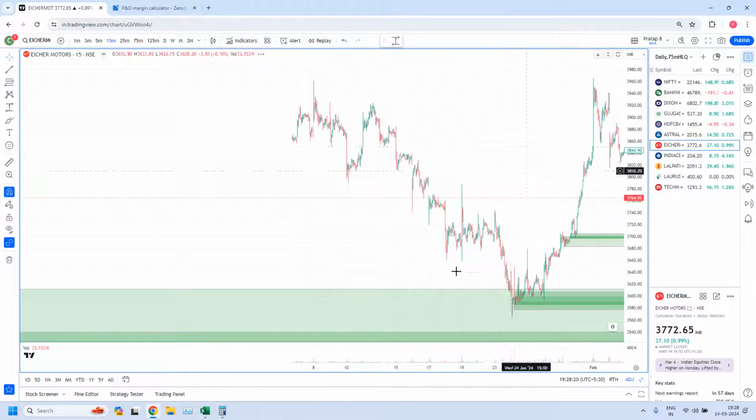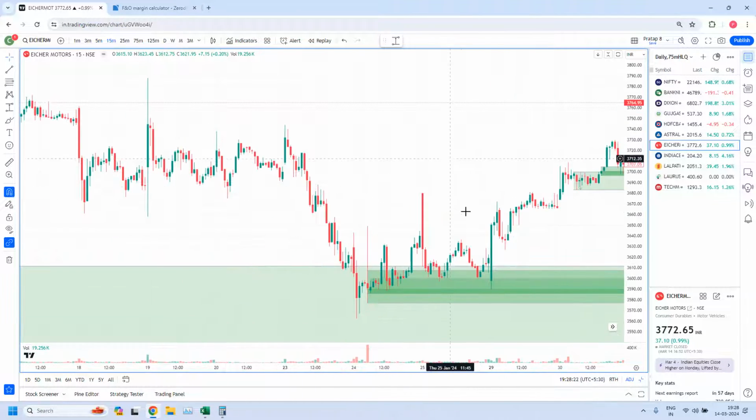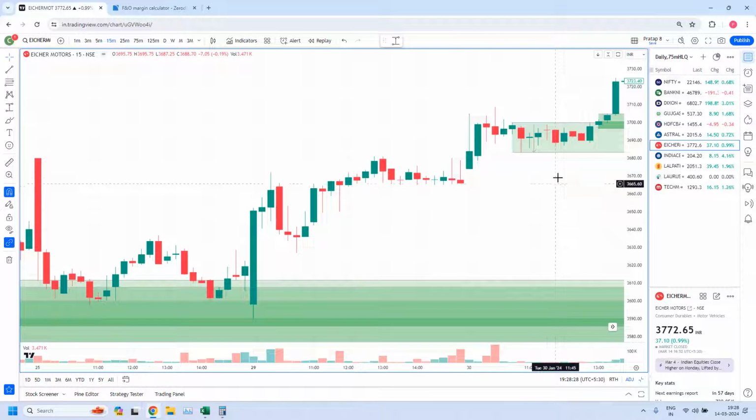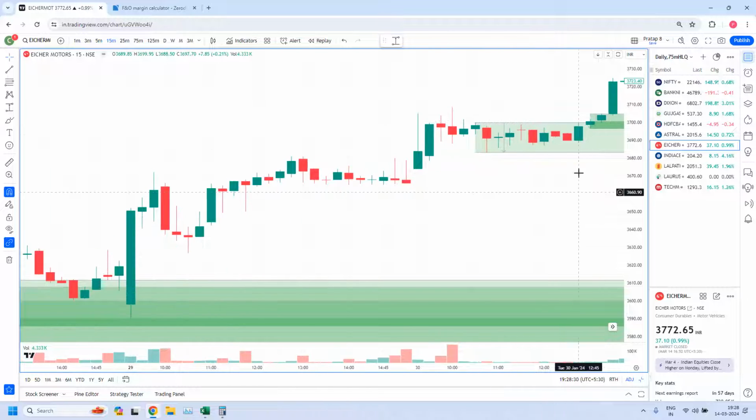In the 15 minutes time frame, we have identified a rally base rally. One reason is that these candles went outside. Generally when candles go outside, the priority is reduced for this zone. That is what I told you earlier in today's video. But anyway, this is the 15-minute zone. First let us check 5 minutes.